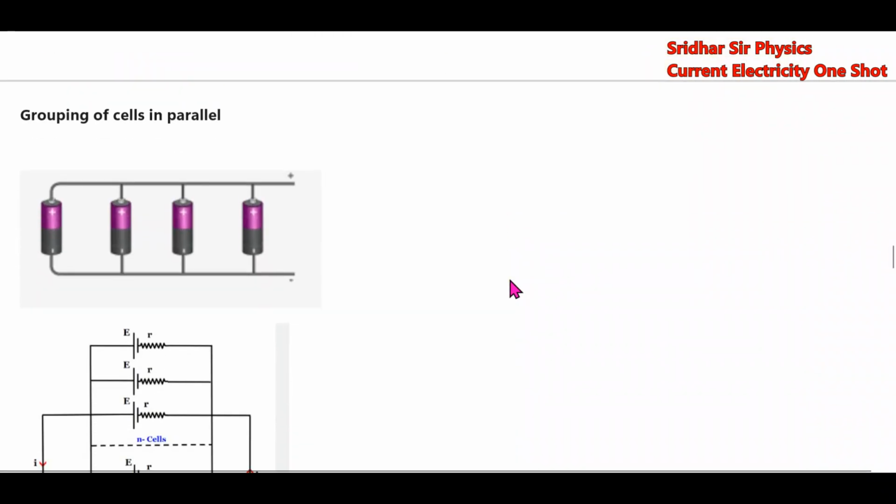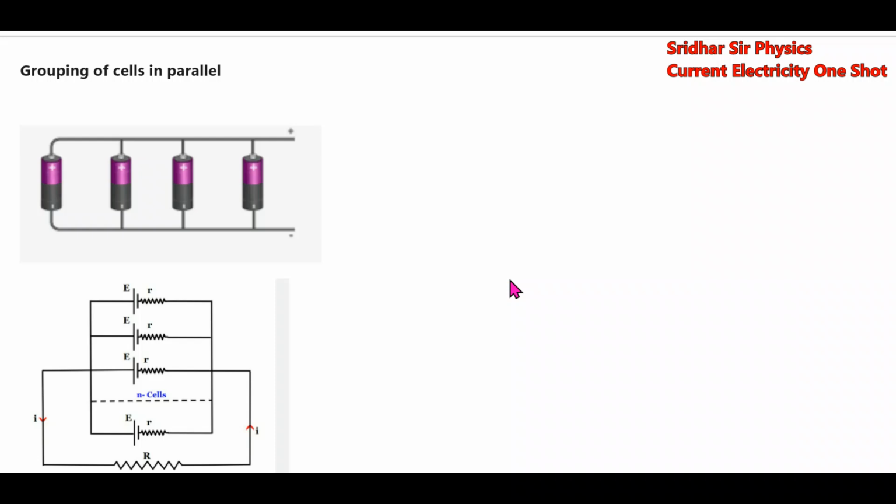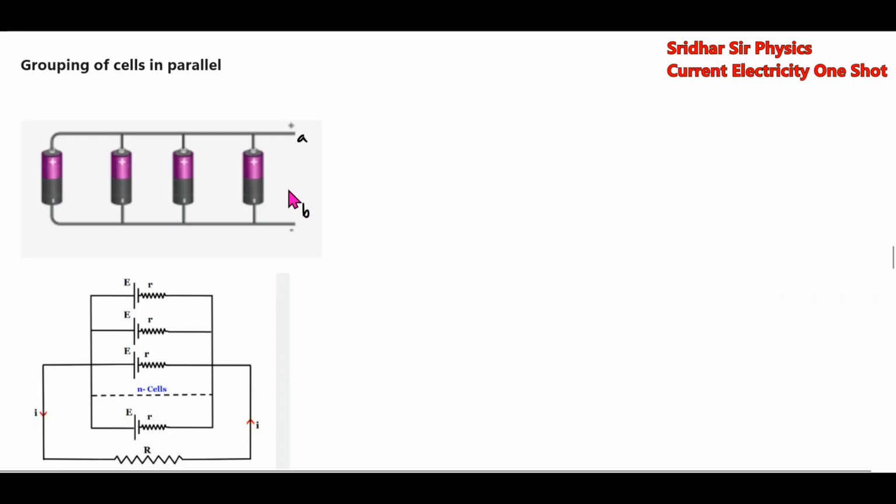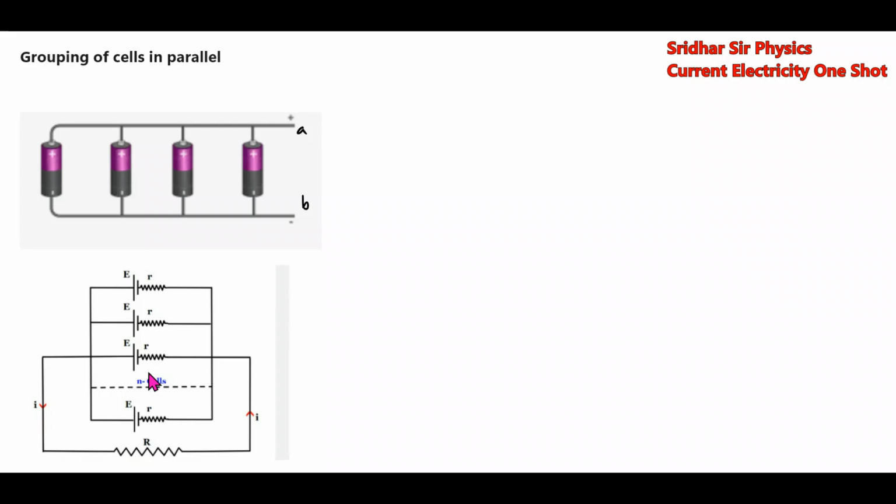Similarly, if the cells are connected in parallel, grouping of cells, then the currents here are I1, I2, I3, like this up to In.